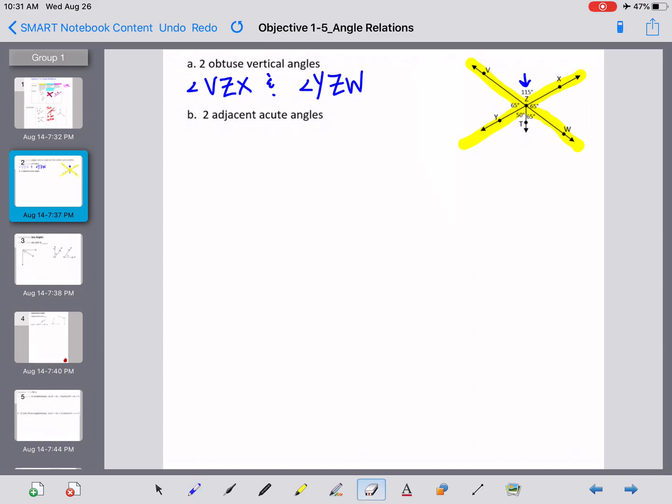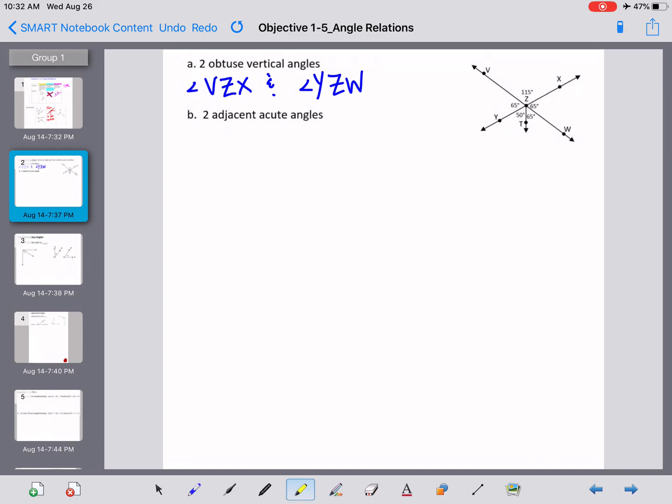So now, let's get back to my picture, the original one. I'm looking for two adjacent acute angles. So acute is the first word that jumps out at me. Acute means that it has to be less than 90 degrees. And adjacent means that they have to be side by side.